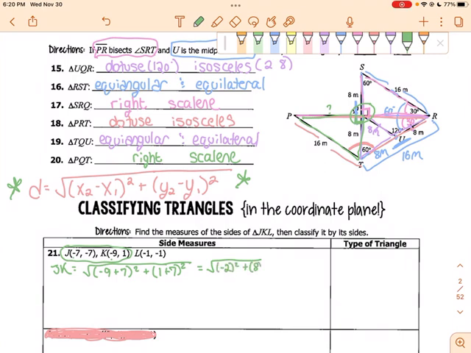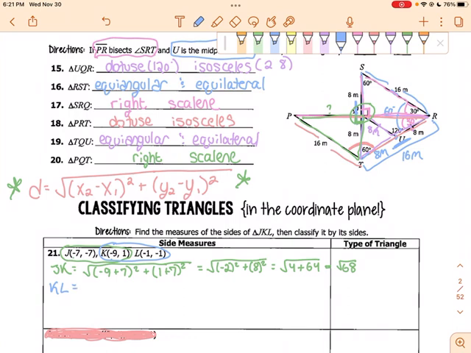So let's keep simplifying. That becomes square root of negative 2 squared plus 8 squared. And negative 2 squared is 4. 8 squared is 64. So we're running into our space here. That's fine. So it's square root of 68. You don't have to figure it out as a decimal.